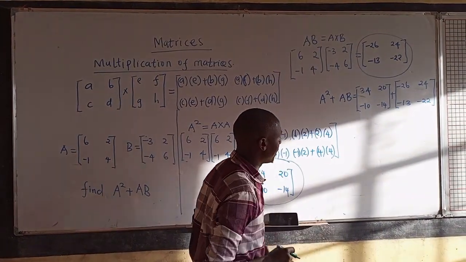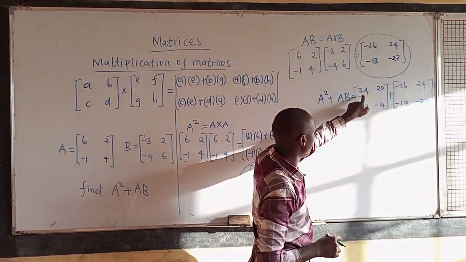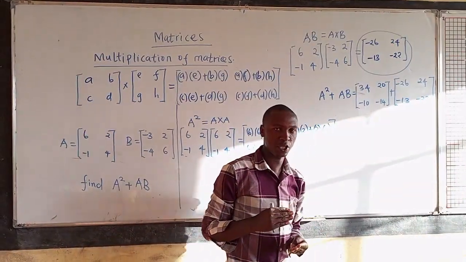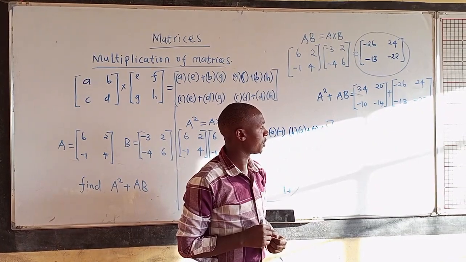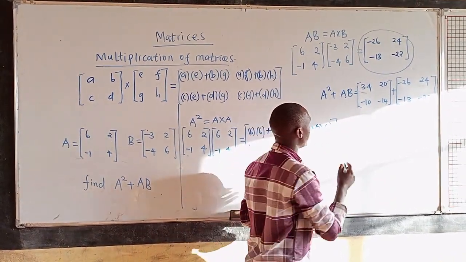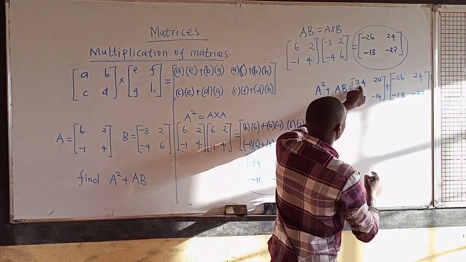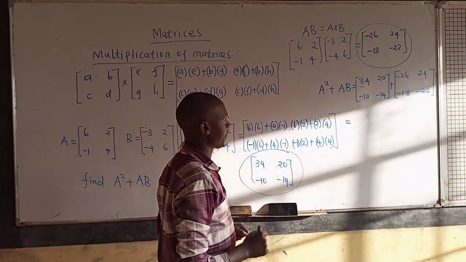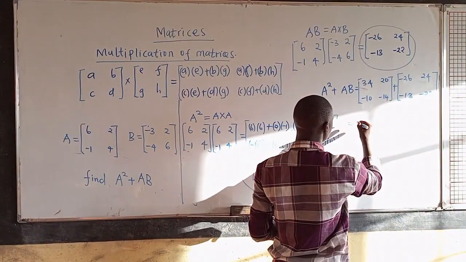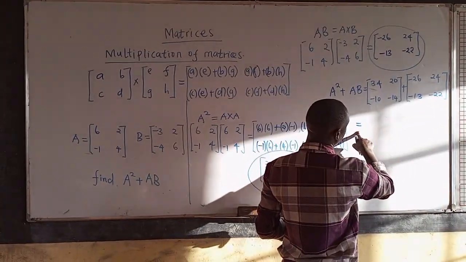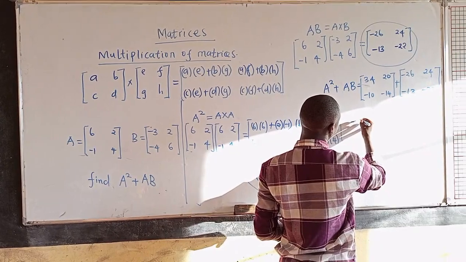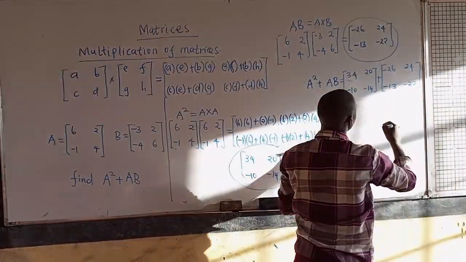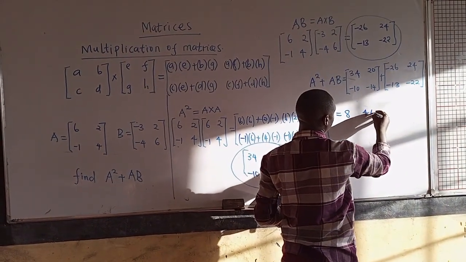So let's add them together very quick. Remember in addition, we add corresponding elements, and now that is going to be equal to 34, you add to negative 26, that is 8. Is it 8 or, yeah, that's it, should be 8. 20, you add 24 is 44.